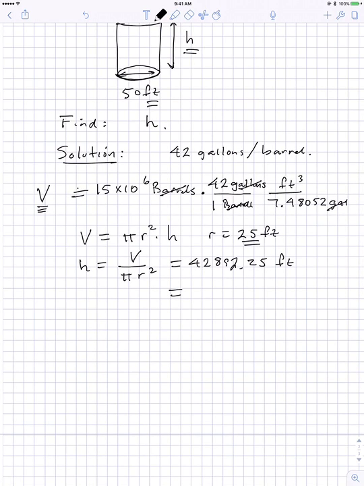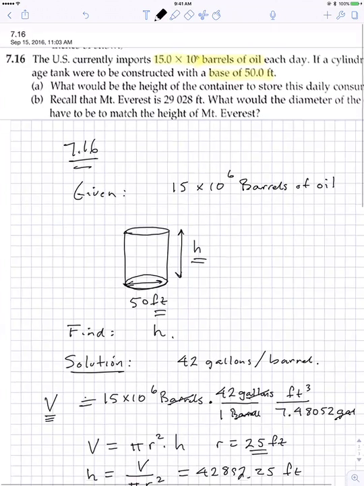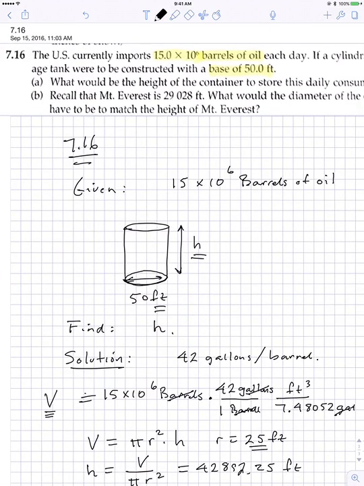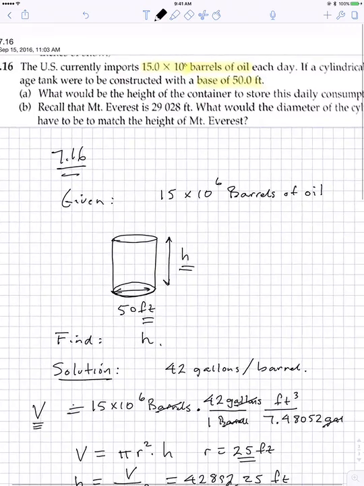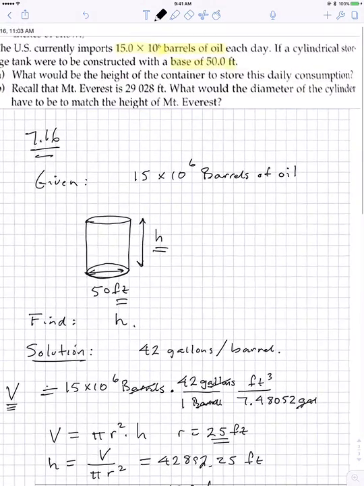So our final answer using the proper number of significant digits would be, looks like we're carrying 3 significant digits in this problem. Using 3 significant digits, this would be 42.9 feet.